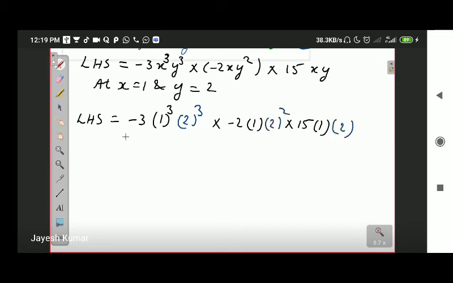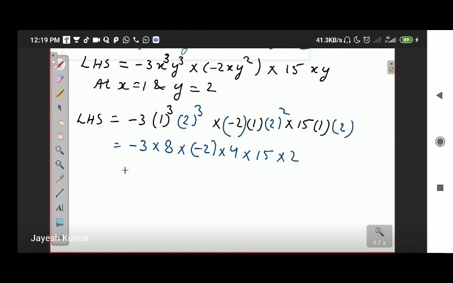Okay, now we have to simplify the powers. This is minus 3 into 1 cube is 1, 2 cube is 8, into minus 2, 1 is 1, into 2 square is 4, into 15 into 2.